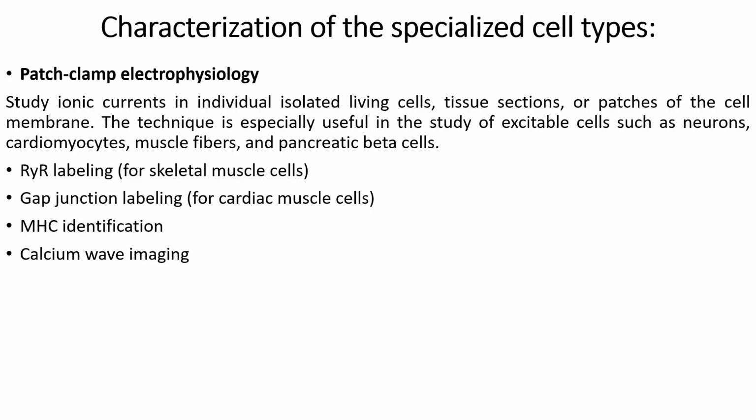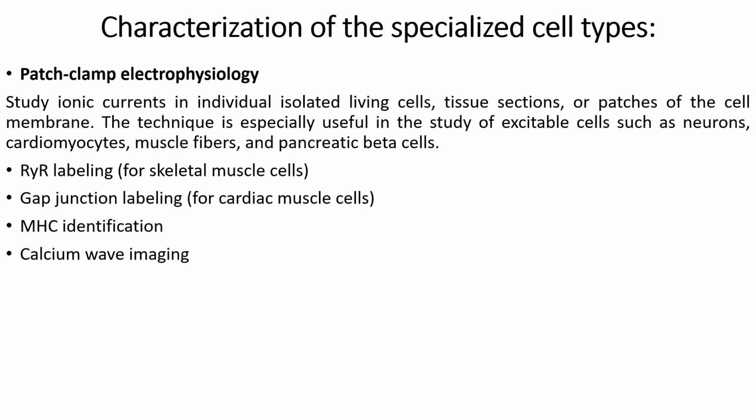Next, we have gap junction labeling, which is another method for characterizing our cardiac muscle cells. We have discussed the gap junctions in some of our previous lectures. These are connections between adjacent cardiac muscle cells, which are used for quick propagation of electrical impulse through the cardiac muscle cells. So, antibodies directed against these gap junctions could help us in identifying the cardiac muscle cells in culture.